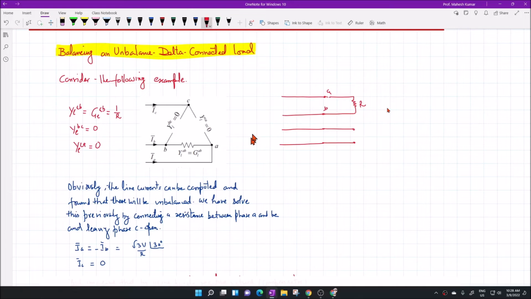So earlier we took one example where we considered resistance connected to points A and B, and C and N were open. Now this example is similar to this.